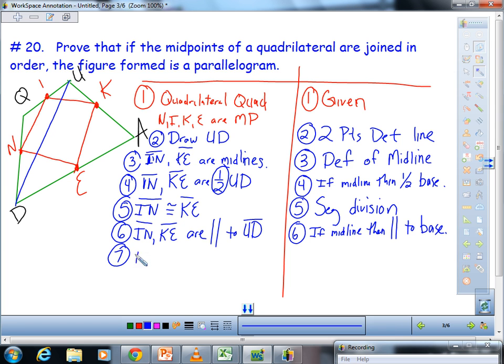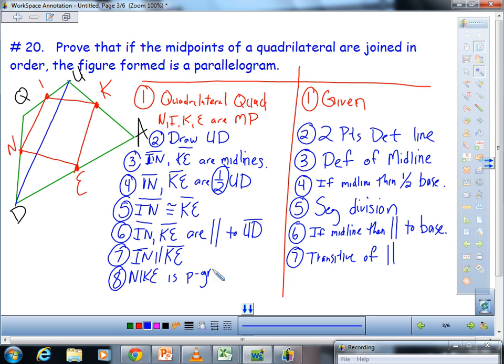I can now say that IN is parallel to KE. And that's the transitive property of parallel lines. And tell me why I'm done. Yee? Okay. NIKE is a p-gram.